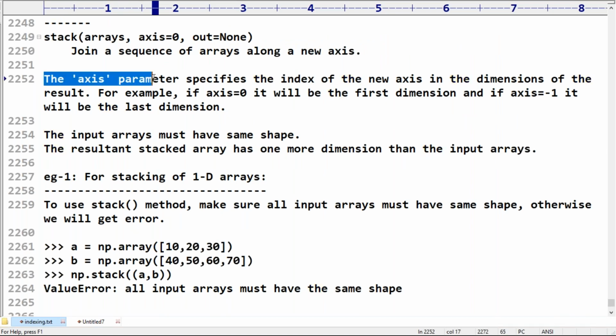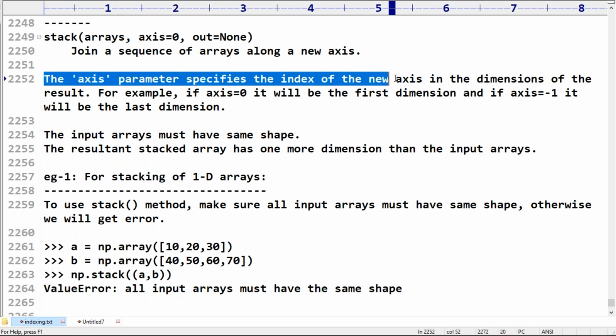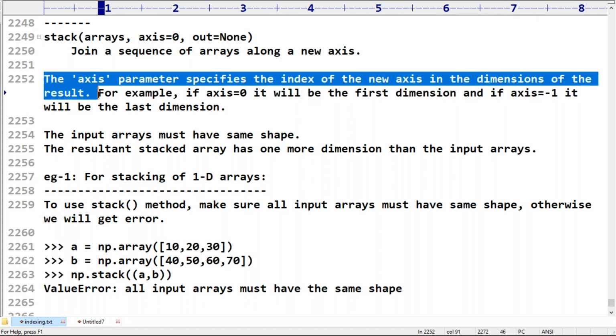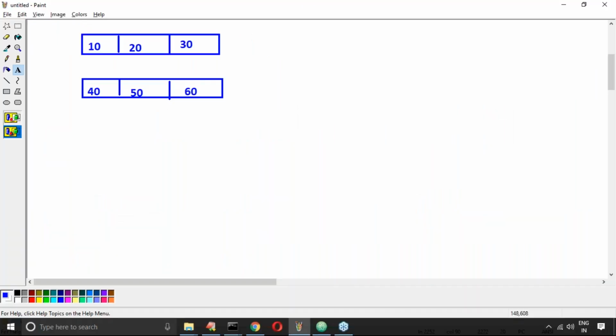If you want, you can cross check. The axis parameter specifies the index of the new axis in the dimensions of the result output array, not the input array. Now you know the output array is a 2D array, because we get one extra dimension in the output. In a 2D array, axis 0 means row wise.